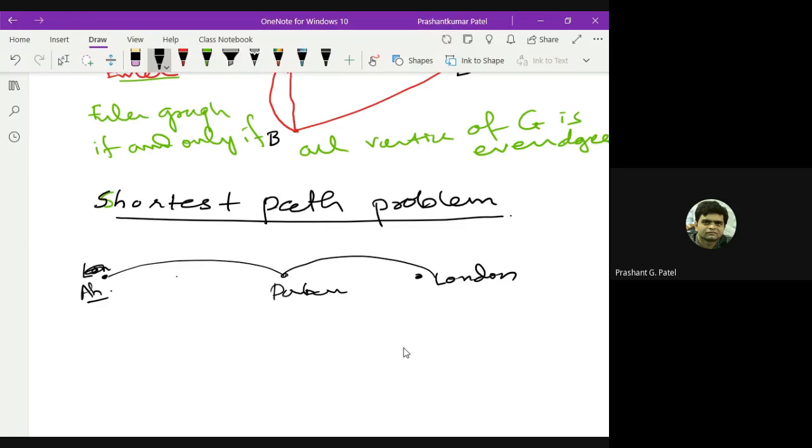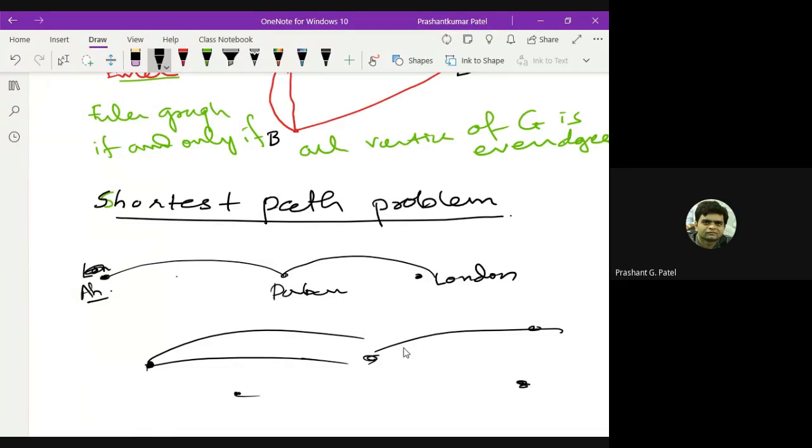There are different options given, but what is the mechanism behind it? It's actually finding the shortest path between these 2 vertices, because if you draw all the flights in the world, suppose there are different cities, and there is a connection from this city to this city, and it may happen that there is no direct connection from this city to this city. So what will be the shortest path joining these two cities?